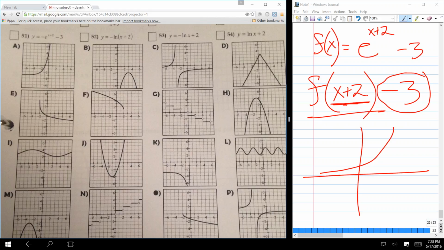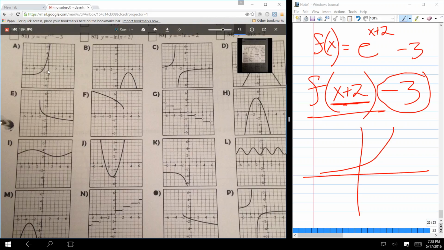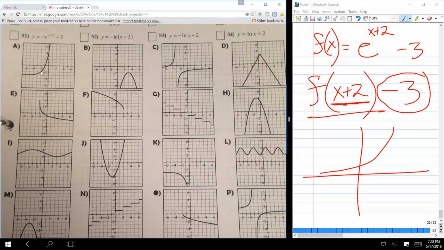So when x is -2, what is f of x? Remember, e to the 0 is 1. So when x is -2, y is -2. Bingo. A works perfect.